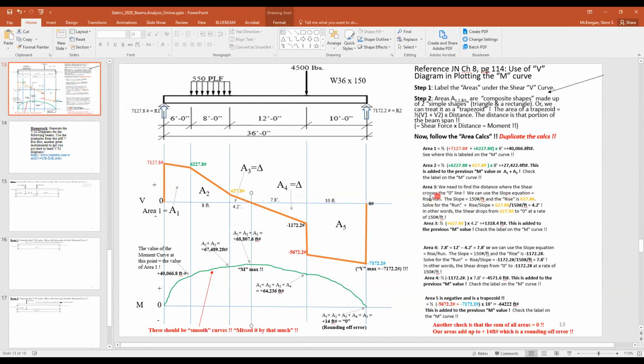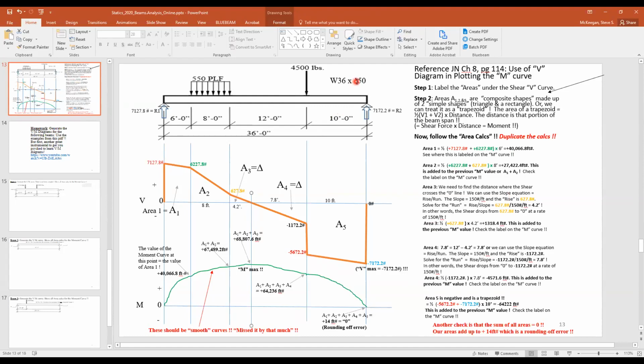We know the slope and we know the rise because the shear is going to drop at a constant rate from 627.8 down to 0 at a rate of 150 pounds per foot.